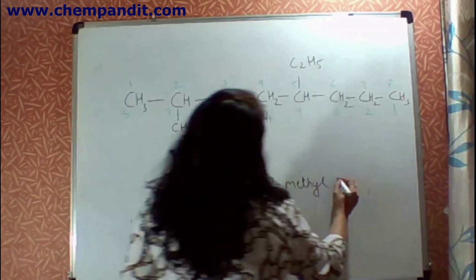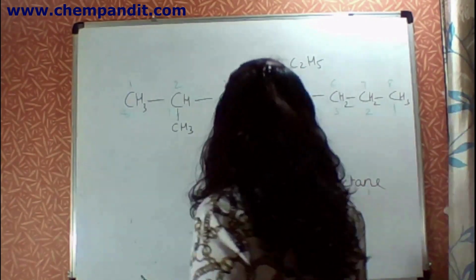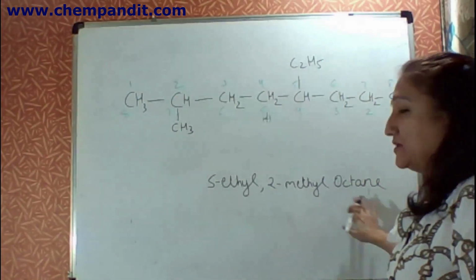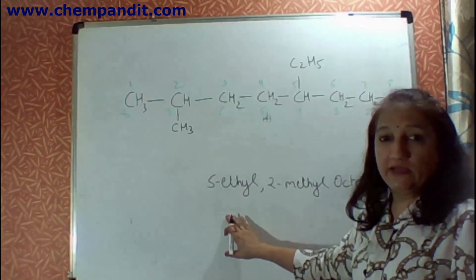Root word is oct. All single bonds are there, therefore ane. So the final name of this compound will be 5-ethyl 2-methyl octane and not 2-methyl 5-ethyl octane.